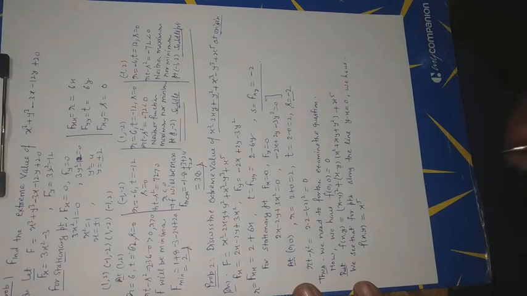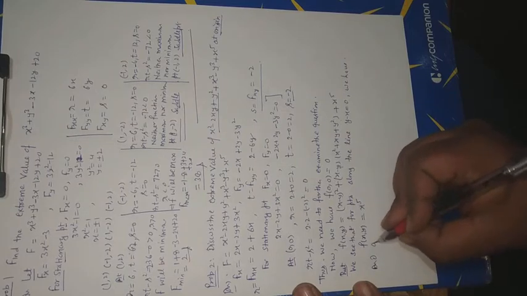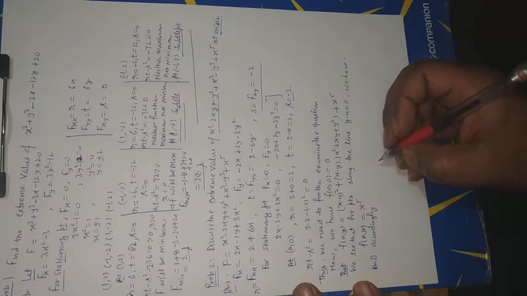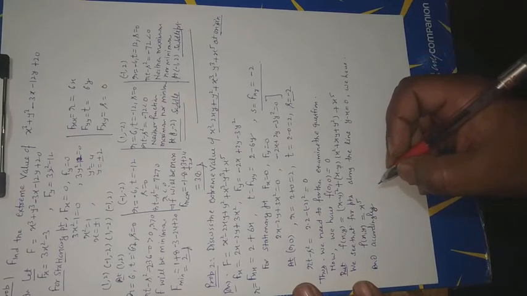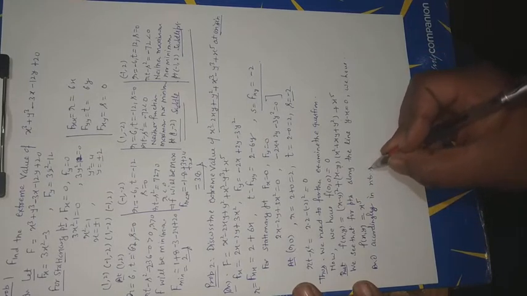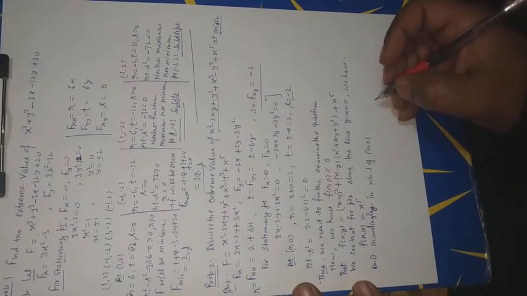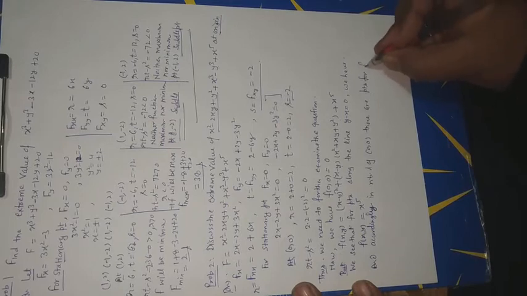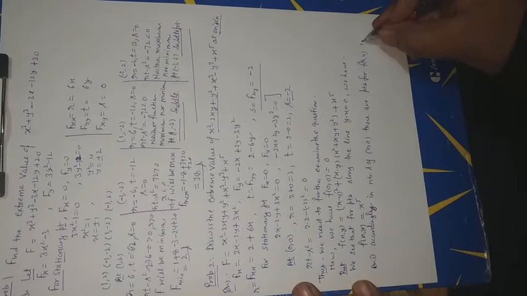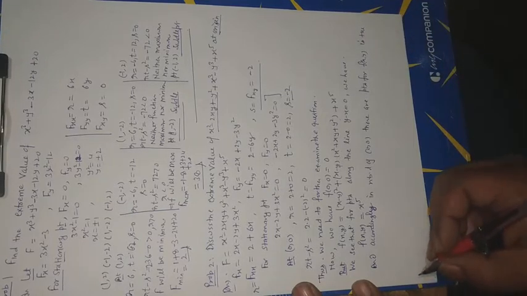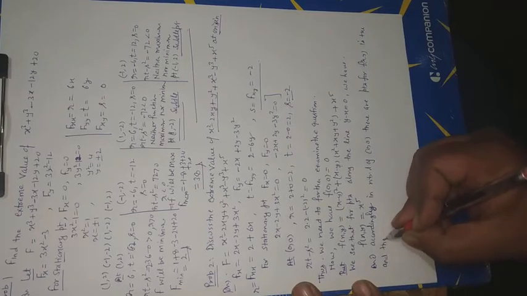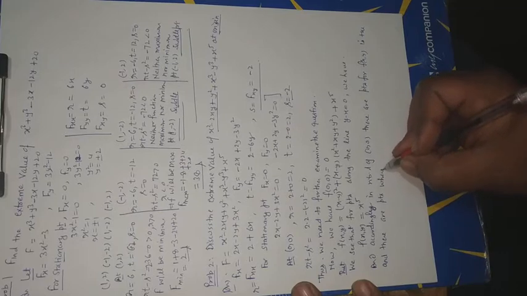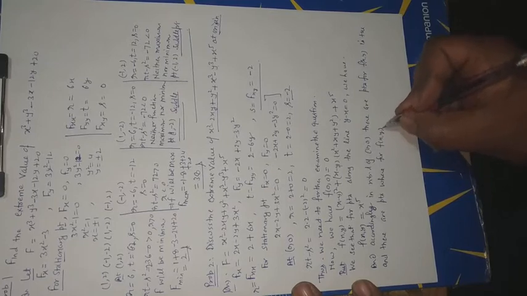And accordingly, in every neighborhood of origin, that is (0, 0), there are points where the function f(x, y) is positive, and there are points where the function f(x, y) is negative.